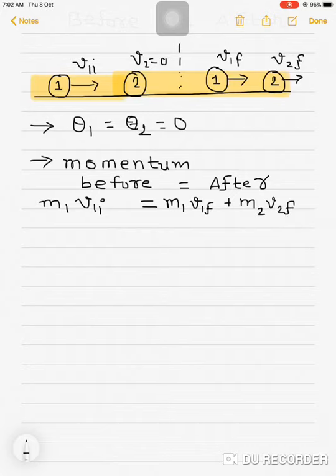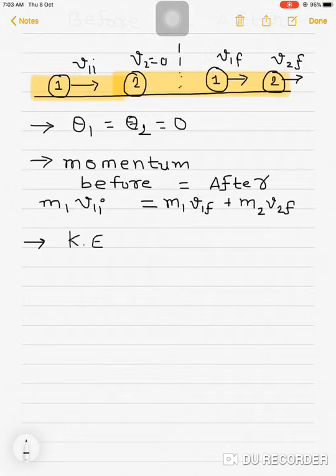So this is the momentum conservation law, and now we will consider the kinetic energy.